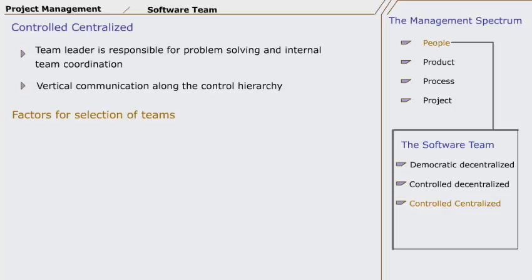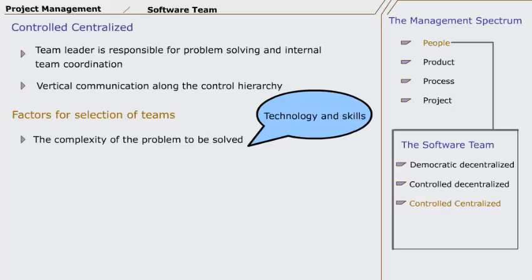These are: Number 1. The complexity of the problem to be solved. In our example, complexity of the problem is the required technology and skill. Number 2. The size of the software to be developed.